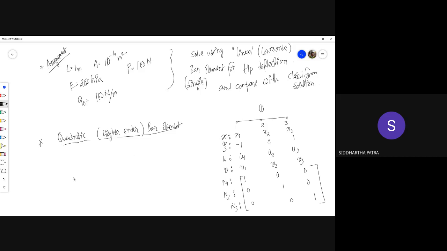Now, of course, ni at xi j equals delta ij. That condition is satisfied. Also, the sum of ni should be equal to 1. And the ni's are all Lagrange polynomials.